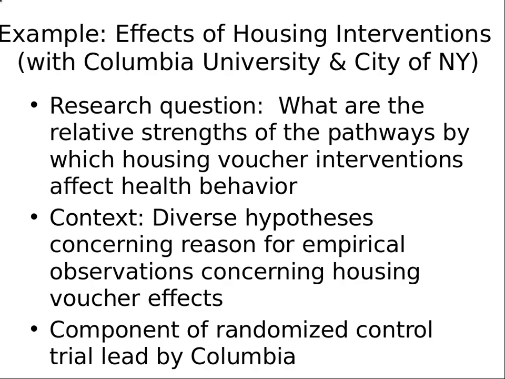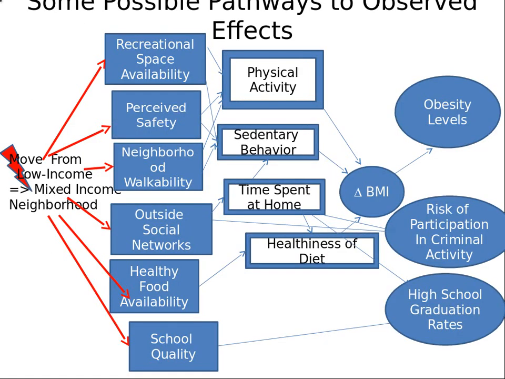In this case, since the Moving to Opportunity program, there's been substantive evidence available to the effect that relocating individuals from lower income neighborhoods, often quite blighted neighborhoods, to mixed income neighborhoods conveys substantive health benefits in certain contexts.